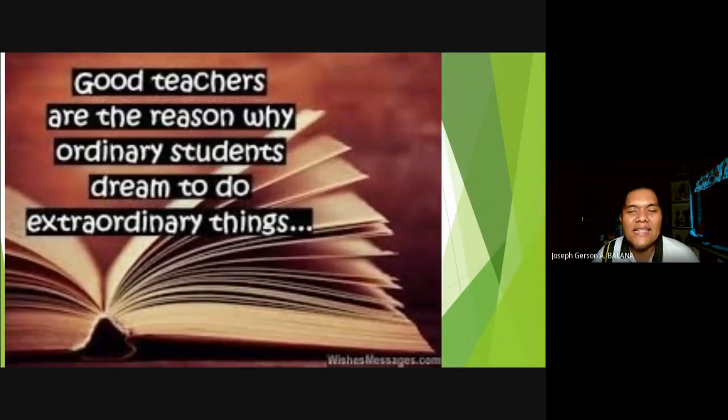Okay, and to end, we have this quote: good teachers are the reason why ordinary students dream to do extraordinary things. Why is this connected to curriculum mapping? Because a teacher who plans well will always have a good result in the teaching and learning process.